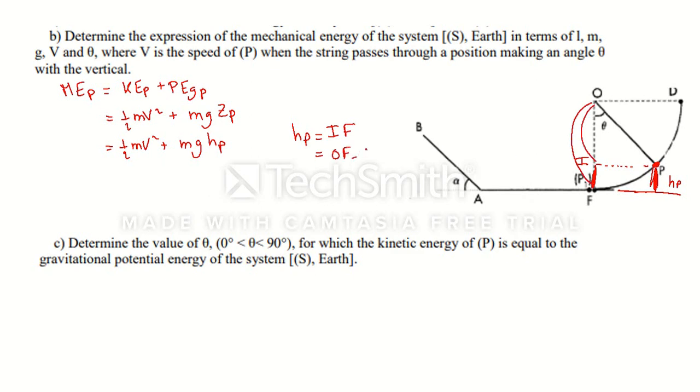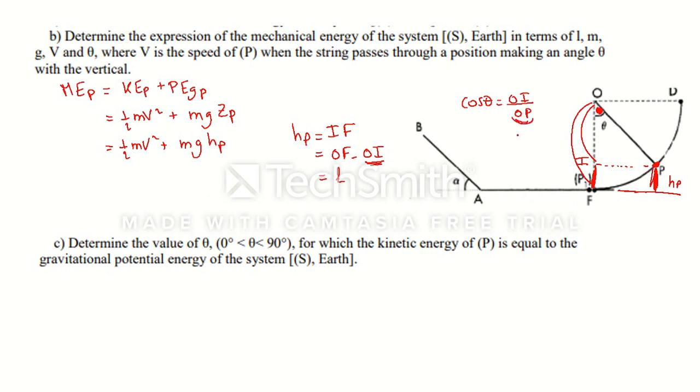So it's OF, and we continue. Now OF is the length of the string, but OI, how do we find it? We notice that this part OI is adjacent to the angle theta. And since it's adjacent, then we use cosine theta. So cosine theta equals the adjacent OI over the hypotenuse OP. But OP itself is the length of the string also.